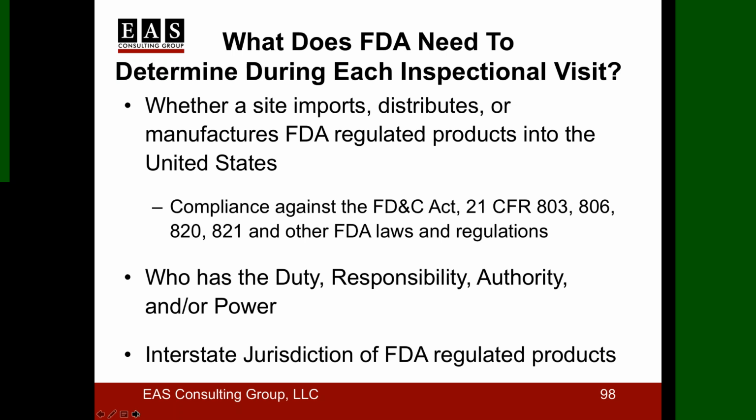That's because of some different court cases past, the Park case and others, where it said that the president and top management is responsible, even though they're not officially at the site. So they're going to ask, what do you do? What's your title? Look at training records, that type of stuff. Because if there are problems, they know who to issue these paperworks to, not just the 43, but warning letters and other types of things.